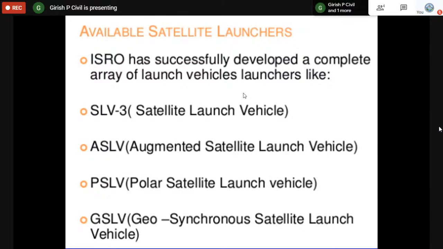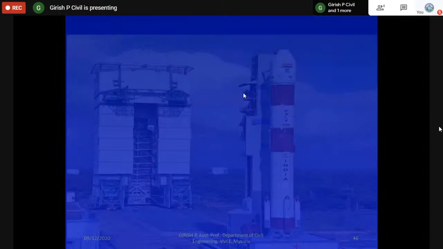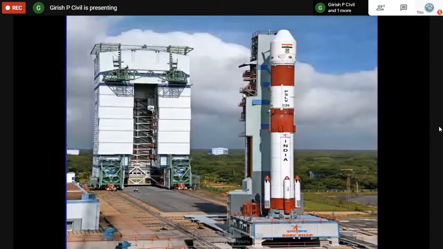The arbitrary path of sensor satellites covering more than 35,000 kilometers, we call the GSLV platform. So this is one platform; I just showed the PSLV platform launching satellites. Similarly for the GSLV, but the launch capacity and pattern will vary, covering a higher altitude.